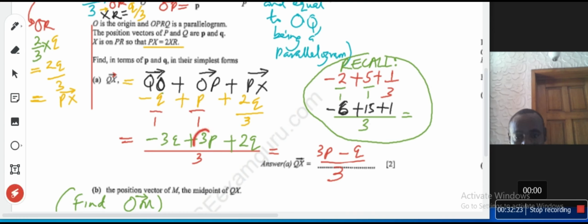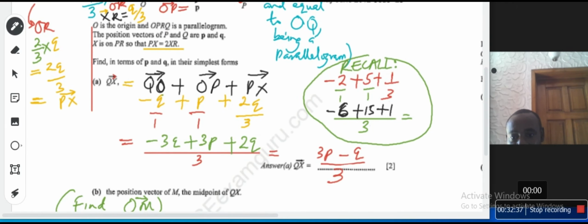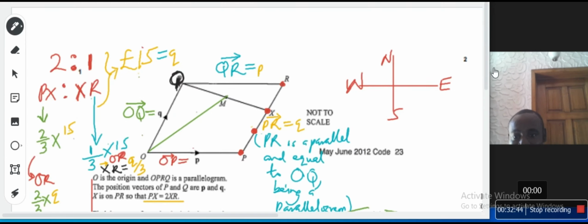Don't forget that 3p is what is left here, and minus 3q plus 2q give us minus q. That's how we got the minus q over 3. That is QX. Let me actually write it. So QX is this. And we are asked to find O to M.